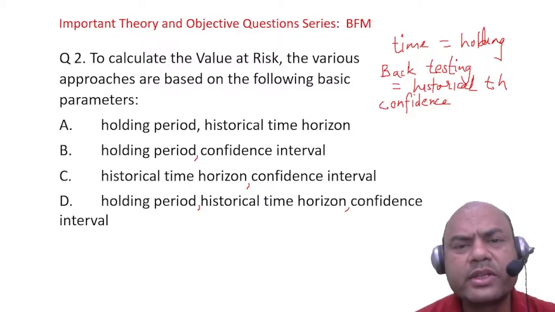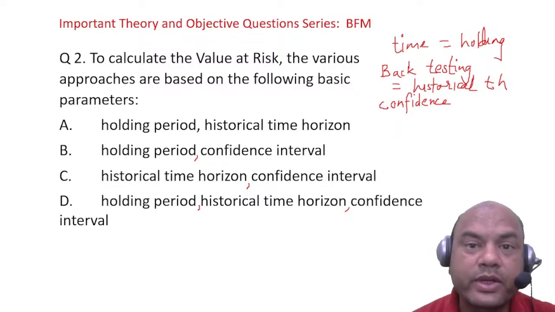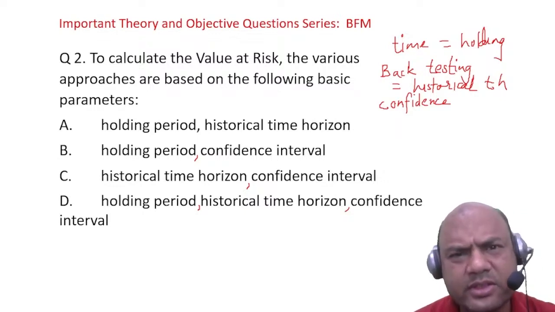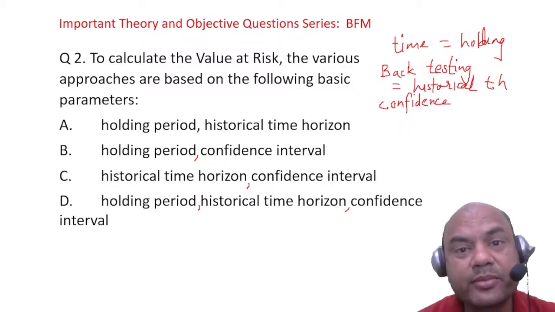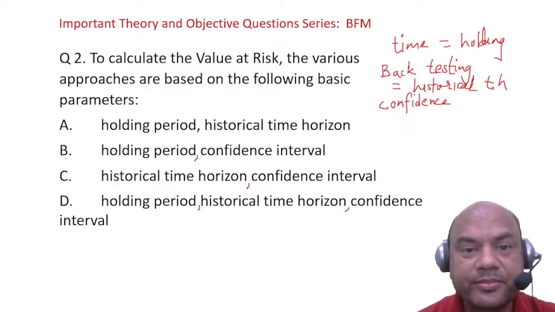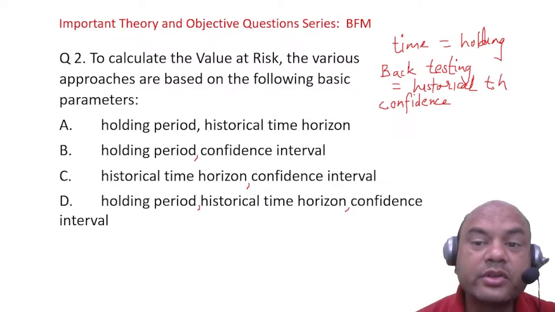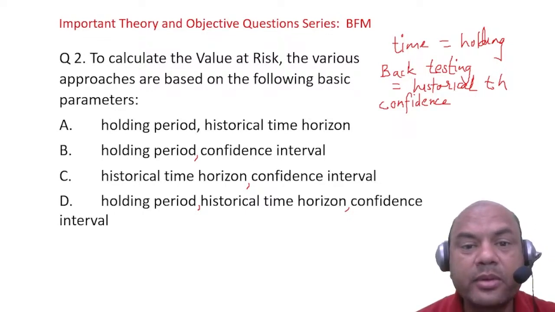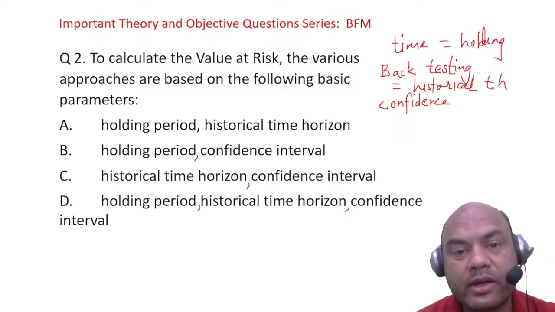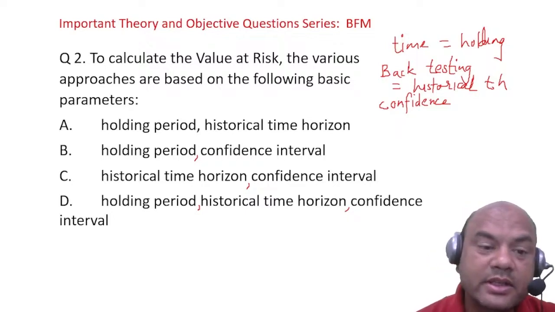The confidence intervals, or levels as you can also call them, are 68%, 95% and 99.7%. These 3 are the important parameters while calculating the value at risk. So the correct answer over here is D.